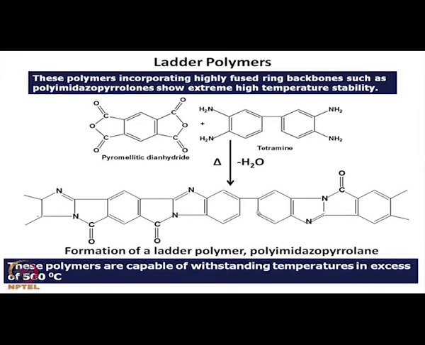These are primary covalent bonds. So, this looks like a ladder type of structure, and they show extreme high performance properties of thermal stability, radiation stability, etc. And these polymers are capable of withstanding temperatures in excess of 500 degrees Celsius.